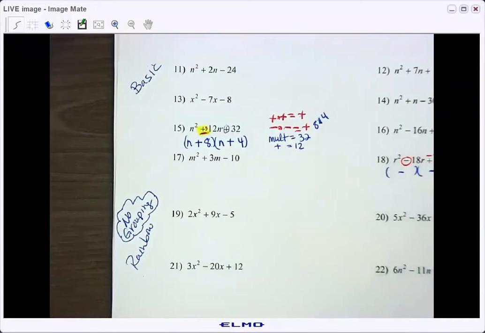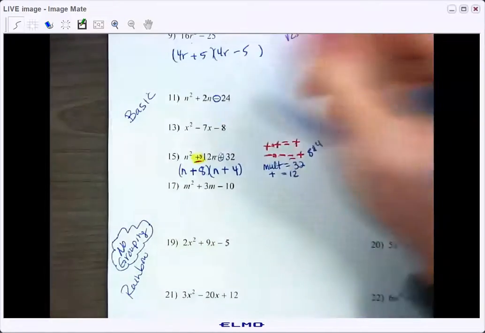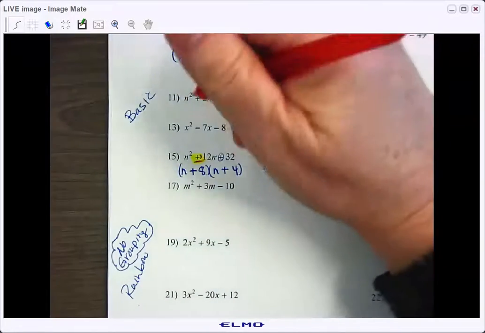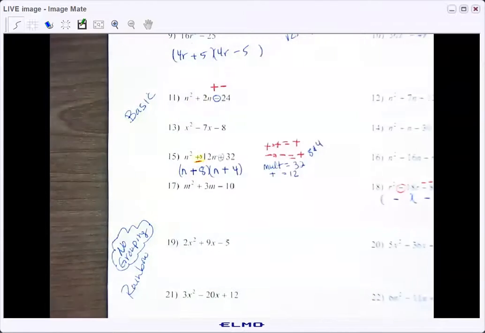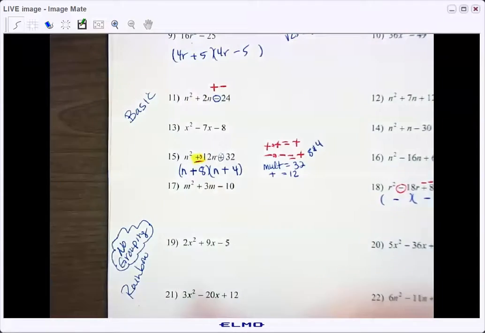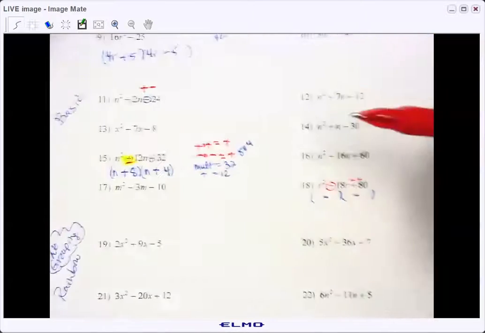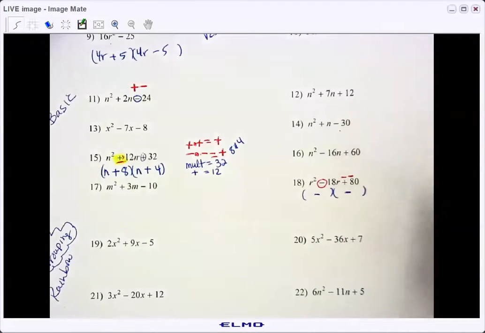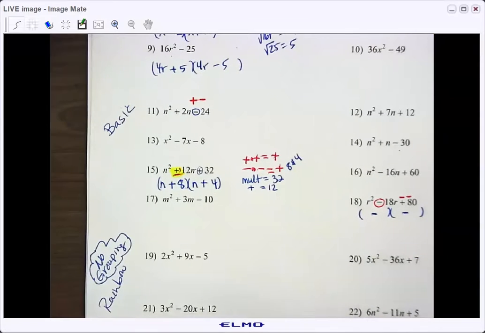But it's a different story when we have a negative right here. The only two signs that are going to give me a negative are a positive and a negative, one of each. So I already know that on 11, 13, 17, 14, those are all going to be one of each. So don't do the signs first, okay?